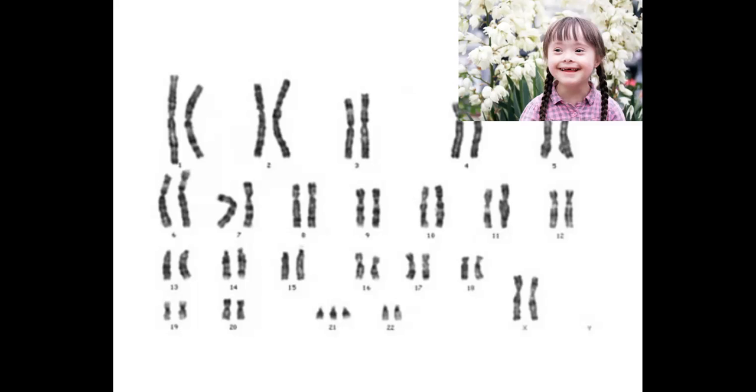We're going to talk about a few others when we get to karyotypes, but Down syndrome is big. So Down syndrome, also known as trisomy 21, 3 chromosomes on the 21st pair. So that means instead of having 46, this child would have 47, because they would have an extra chromosome.